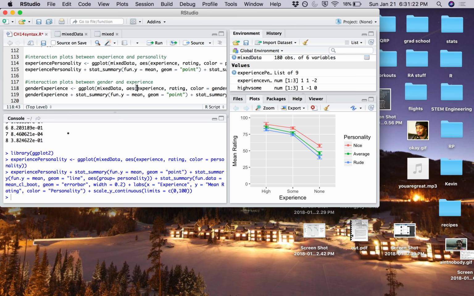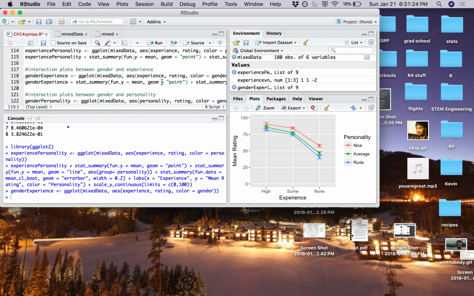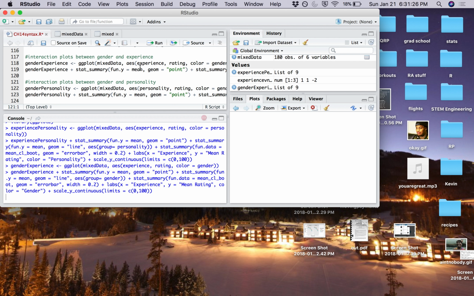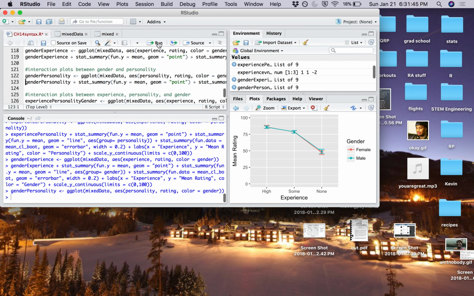So next we will do gender and experience. So this we can see for both genders as level of experience decreased, so did mean score, and very similarly. They're basically the same line. Next, we will look at gender and personality.